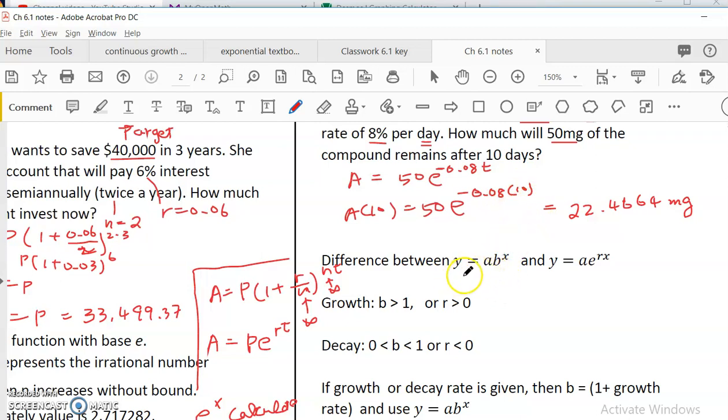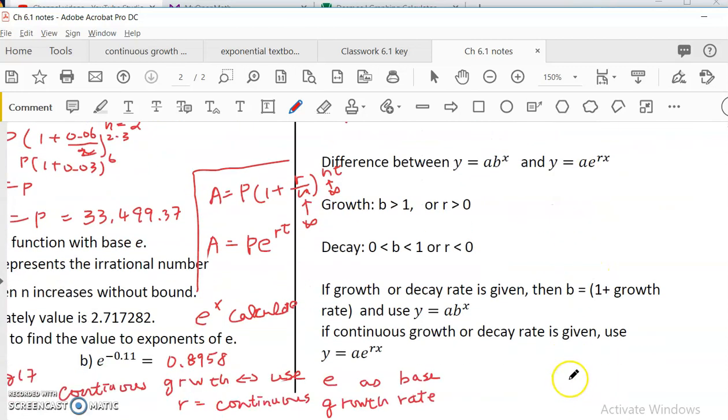I mentioned this: the discrete model, the a b to the x model, has an exponent with only x, nothing else. For using e as the base, your exponent would have r and x, where growth would be b greater than 1 or r greater than 0. Decay would be b being a fraction or r less than 0.